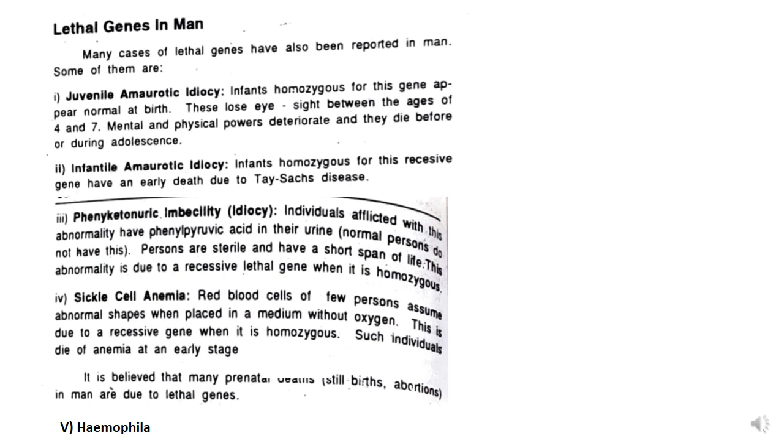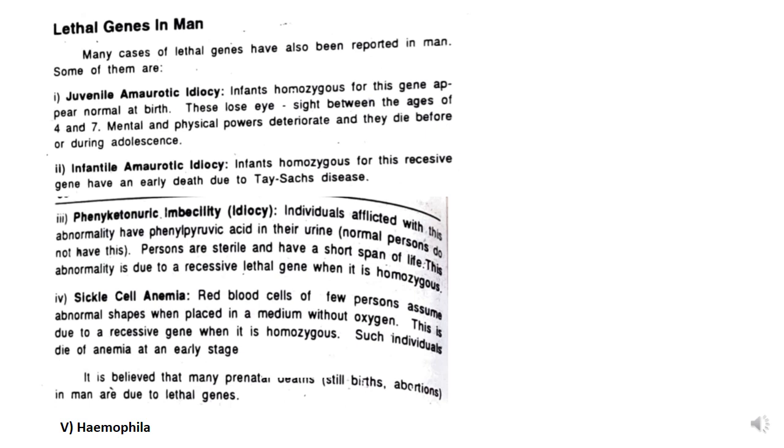The second example is infantile amaurotic idiocy, where infants homozygous for this recessive gene have an early death due to Tay-Sachs disease. The third example is phenylketonuric idiocy.